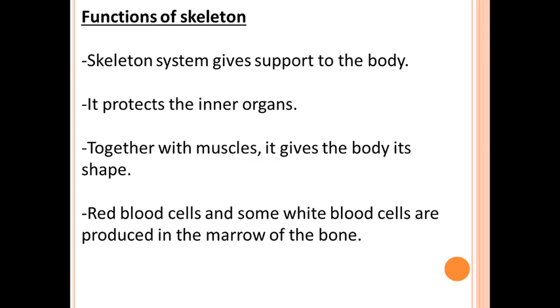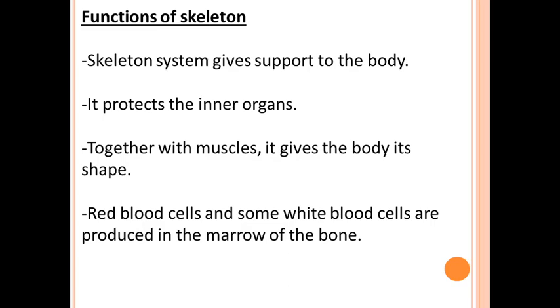That we will learn. Your inner organs are protected by this skeleton. Understood? Next, together with muscles, it gives the body its shape. So you can see your face, your hands, your legs. That shape depends upon these bones and the muscles.